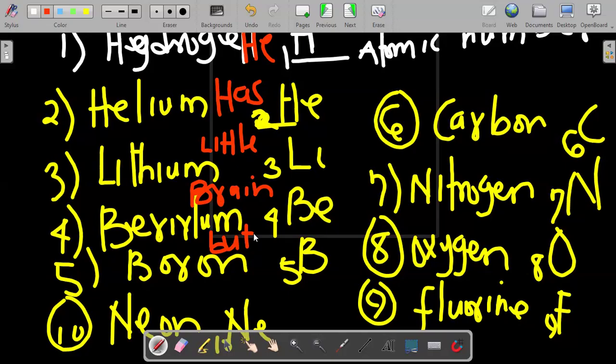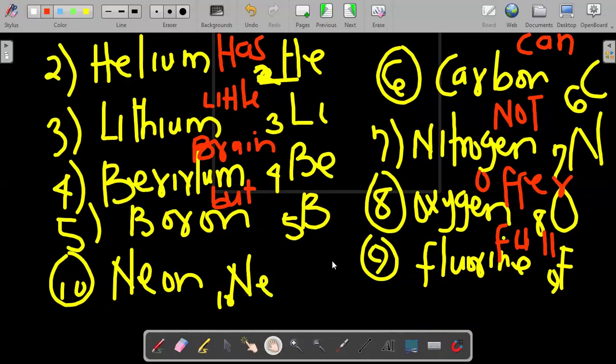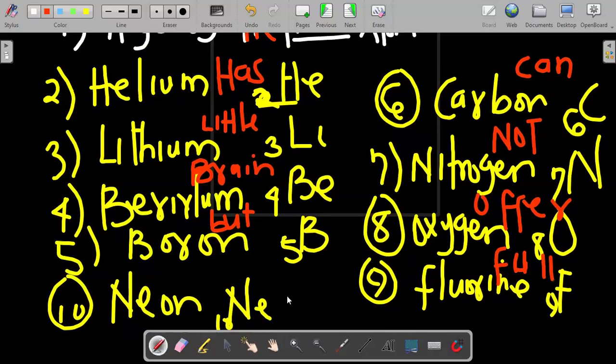Then carbon, they use "can". Then nitrogen, they use "not". Oxygen, they use "offer". Then fluorine, they use "full". Neon, they use "9".